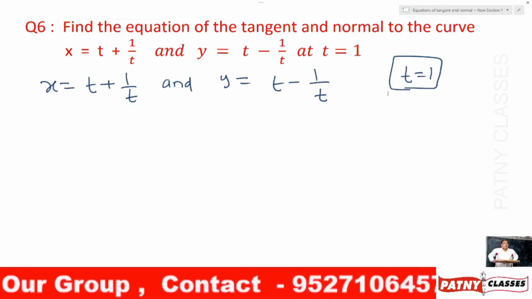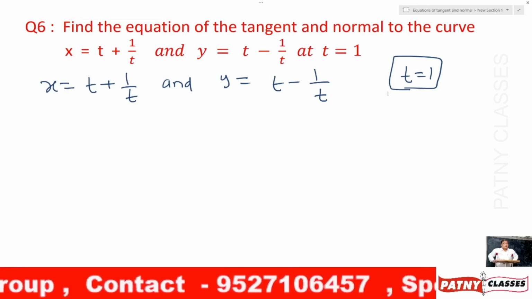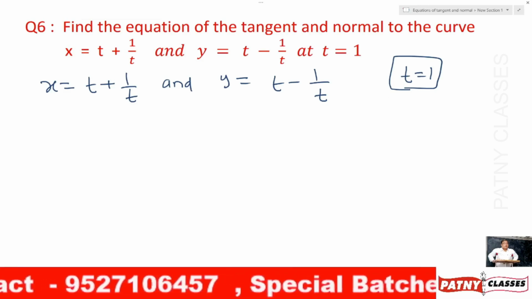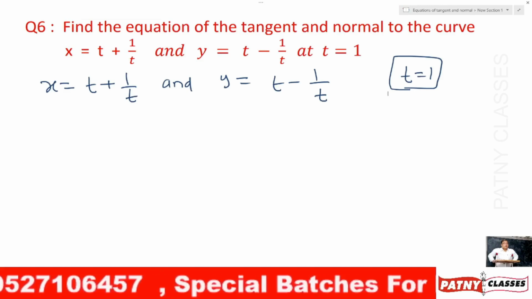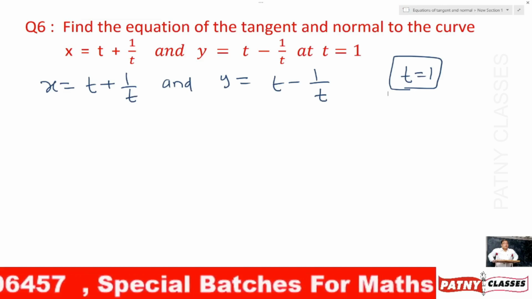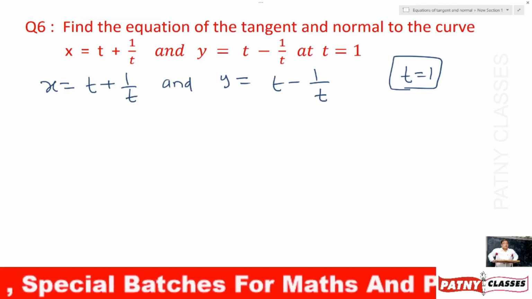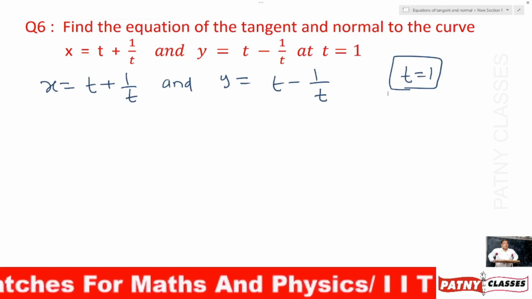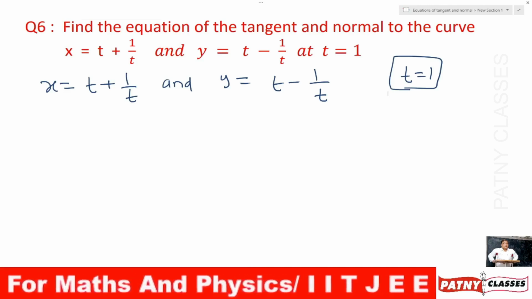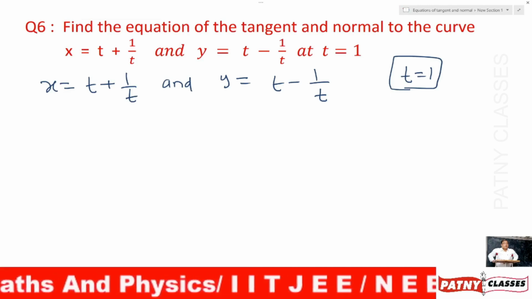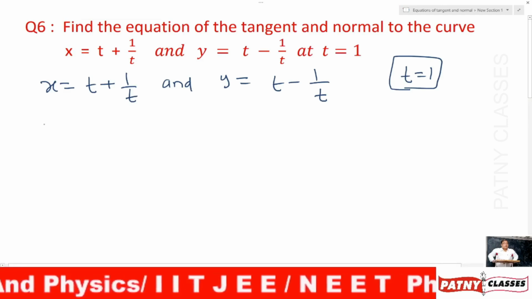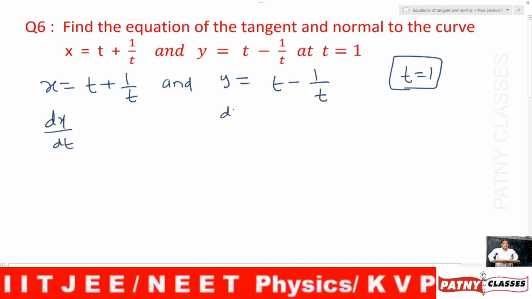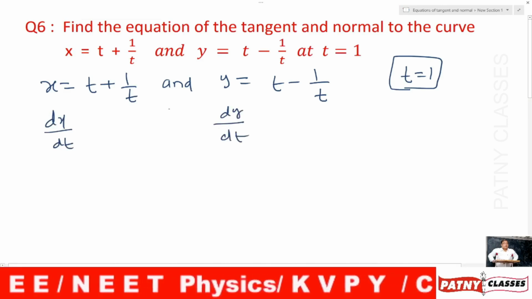The parametric equations of the curve are given: x equals t plus 1 upon t and y equals t minus 1 upon t. To find the equation of tangent and normal, we require the slope of tangent and the slope of normal, and individual equations for x and y are given. So we first find dx by dt for the first equation and dy by dt for the second equation.